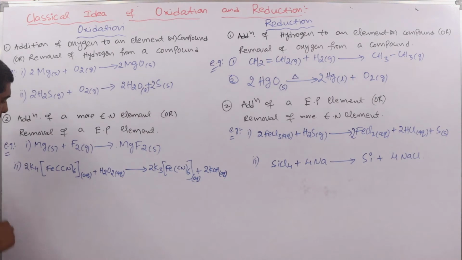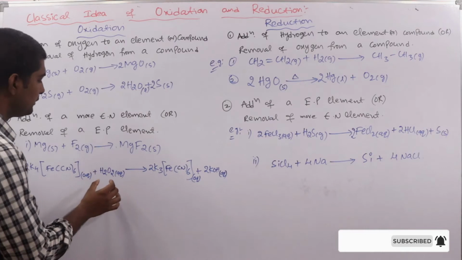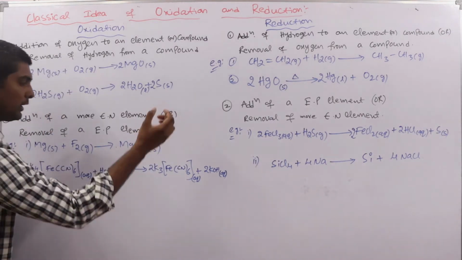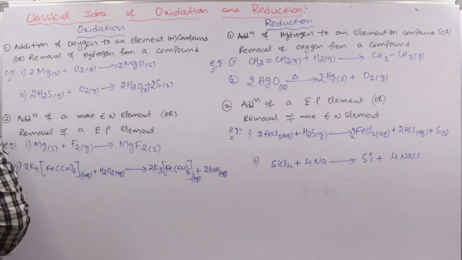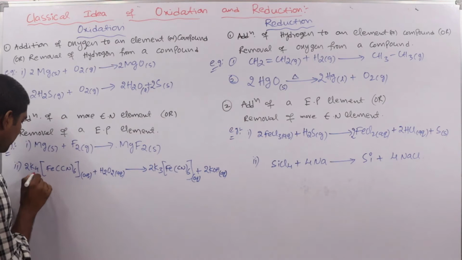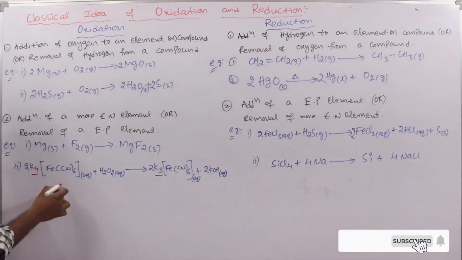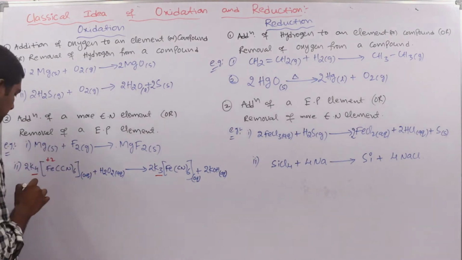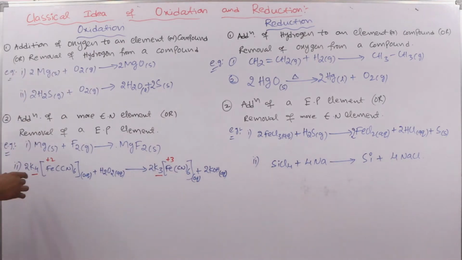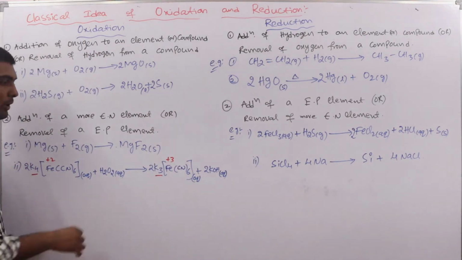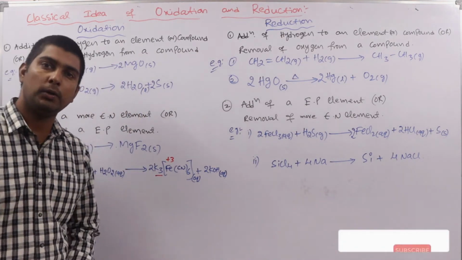Next, in this reaction, K4Fe(CN)6, potassium ferrocyanide. When you add H2O2, we get potassium ferricyanide, K3Fe(CN)6, plus 2KOH. See, here we have 4 potassium, here we have 3 potassium. Actually, the oxidation state of iron is +2 here and +3 here.